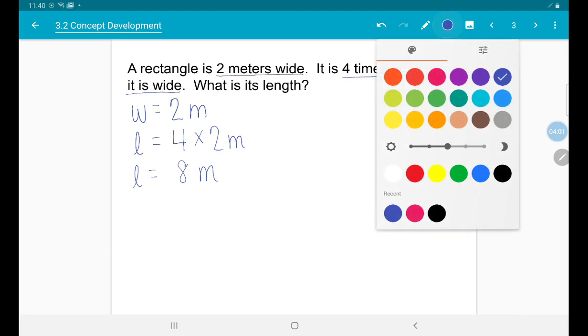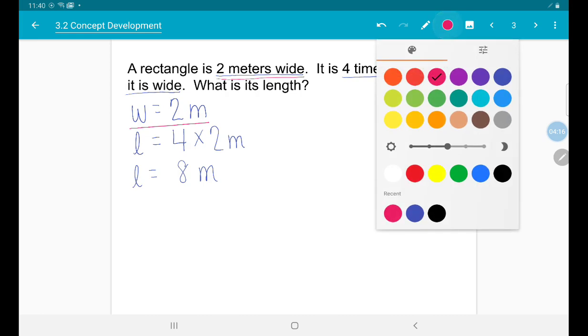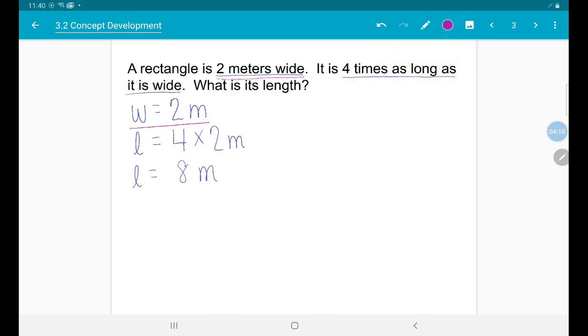Let's go back and look. I'm going to label these so that we can see where each part comes from. A rectangle is 2 meters wide. So that's where we got our width. Then it tells us it is 4 times as long. So here's 4 times as long as it is wide.